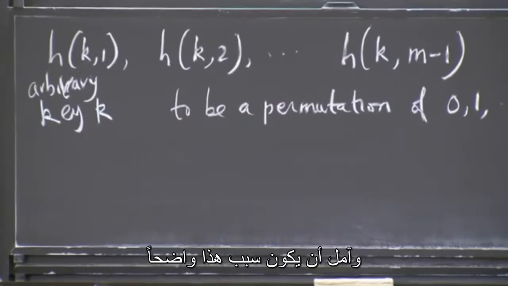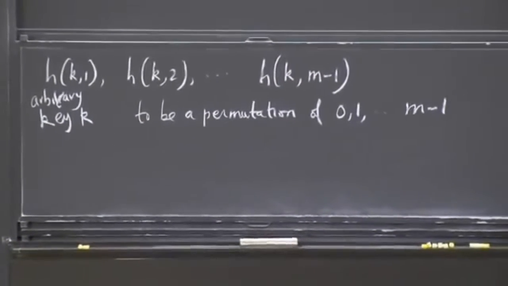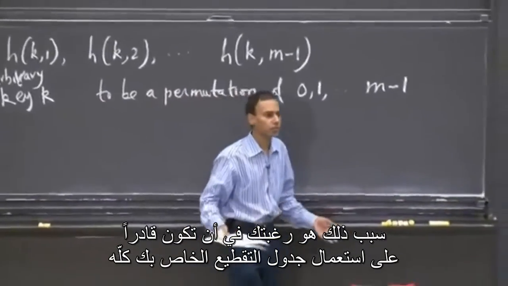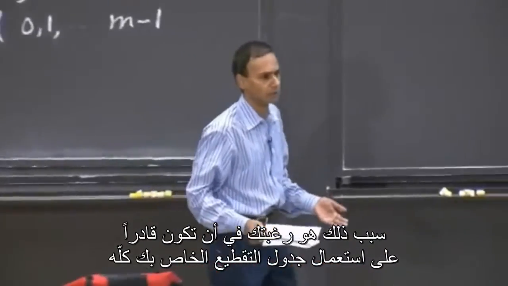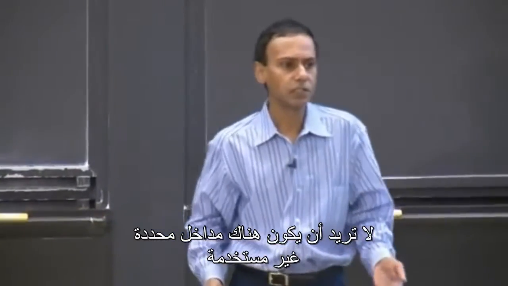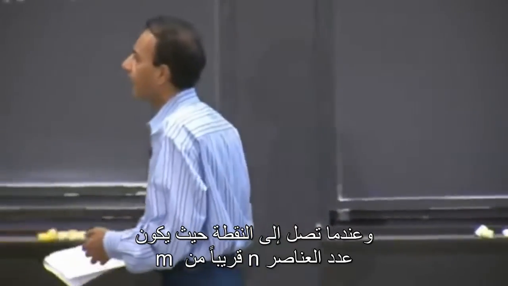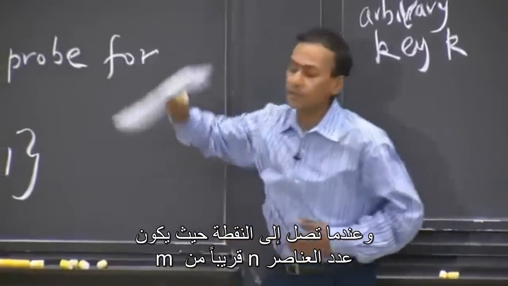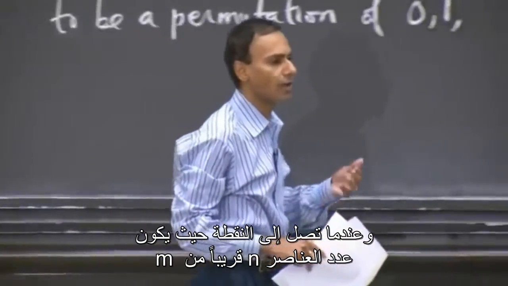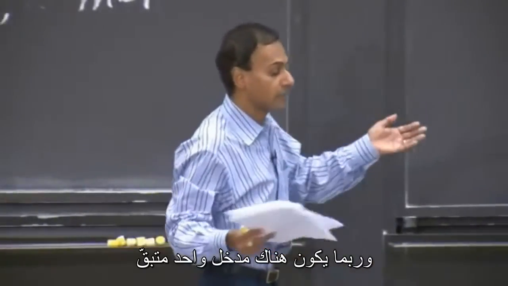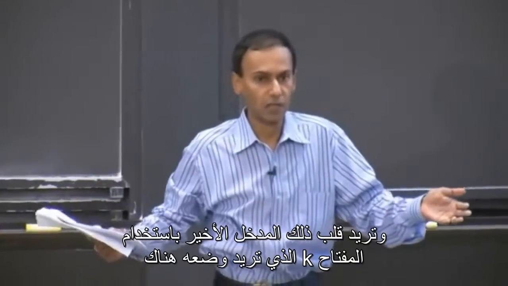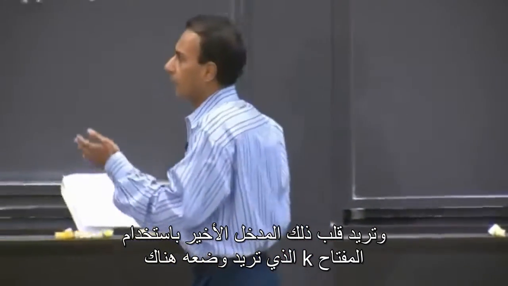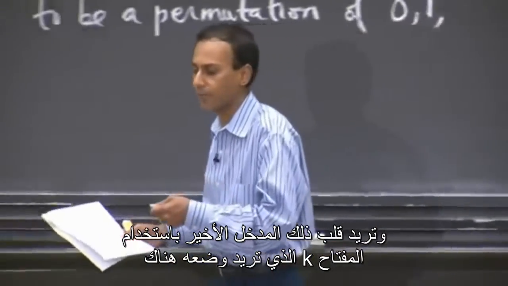Okay? And the reason for this hopefully is clear. It's because you want to be able to use the entirety of your hash table. You don't want particular slots to go unused. And when you get to the point where the number of elements n is pretty close to m, and maybe there's just one slot left, and you want to fill up this last slot with this key k that you want to put in there.